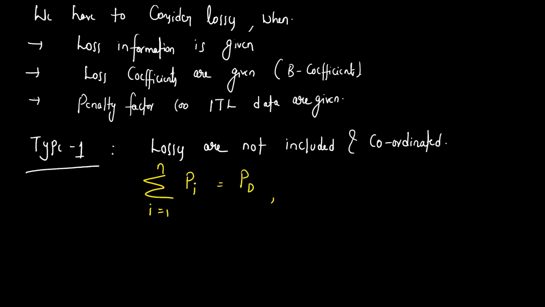And second, we take lambda equal to the incremental cost of all units, i equals 1 to n. So we only consider this case: the incremental costs of all generating units must be the same, and the sum of all generation is equal to the load demand. We have done many problems based on this concept, where losses are not included and not coordinated.